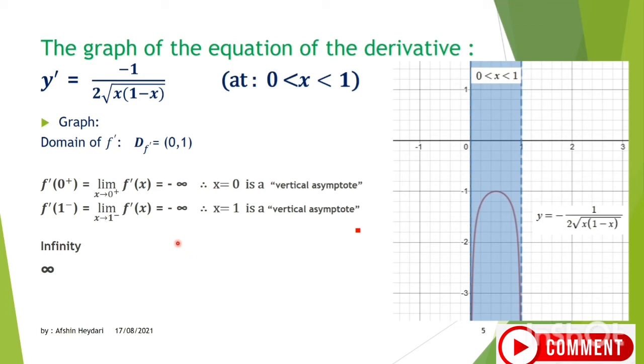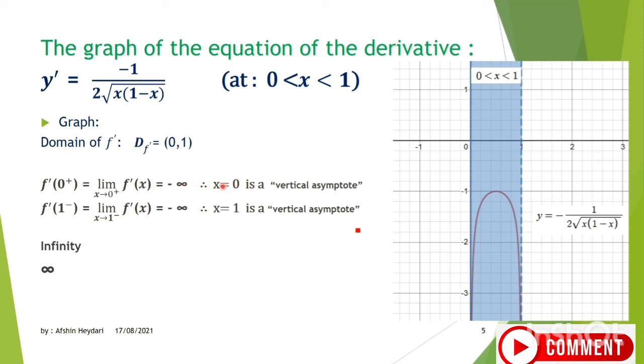This is our last page. Limit of f prime of x when x approaches 0 from the right equals minus infinity.